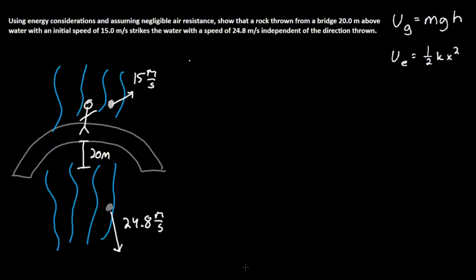Well, we know, per the law of conservation of energy, if there are no non-conservative forces, so air resistance is gone, then your change in total energy is equal to 0 joules. So what do we do with that information? Well, that means that our initial energy state is equal to our final energy state.